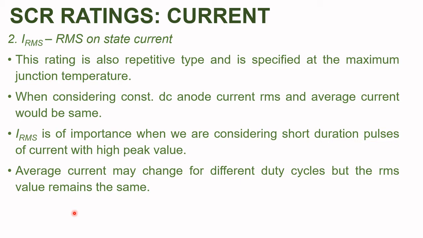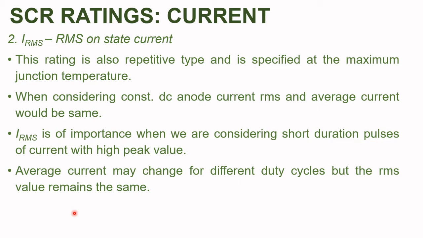The RMS current is an upper limit for constant as well as pulse anode current ratings. The value of RMS current remains the same for constant DC value or the pulsating values.